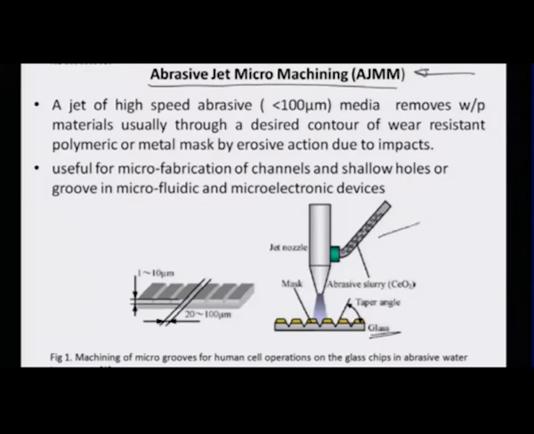As this figure illustrates, there is a jet nozzle which is driving off the material, which is in the form of an abrasive slurry containing selenium oxide suspended in water, suspended in a water jet, and thus this is actually an AWJ process which is being utilized for the purpose of micro machining.